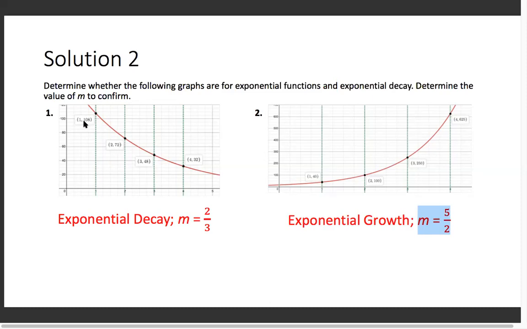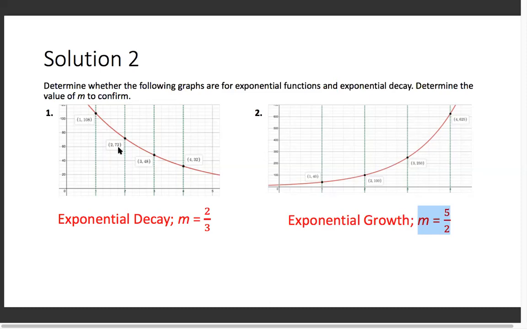Remember, it's always the later one divided by the earlier term. Remember, later term divided by earlier term. It's never the other way around. So 72 divided by 108, definitely that is a proper fraction because 72 is lower than 108. 72 and 108 have a GCF of 36.